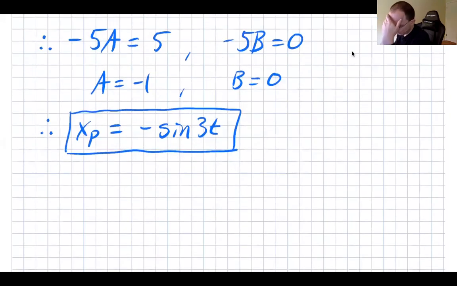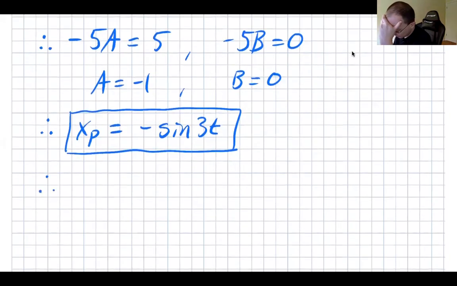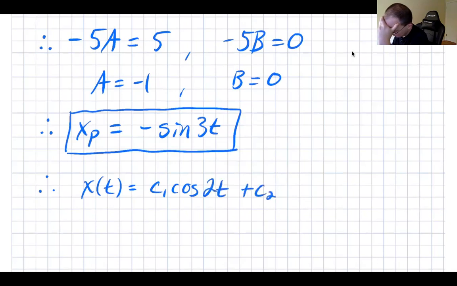Okay, so therefore, what's our general solution? We have x of t is equal to c1 cosine 2t plus c2 sine 2t minus sine 3t.